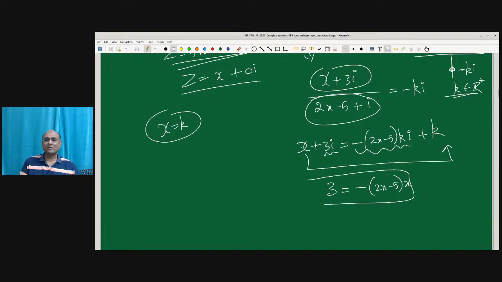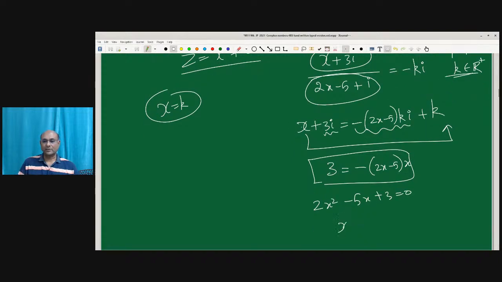This is a quadratic, we can solve it. So if I take it to that side, 2x square minus 5x plus 3 is 0. It's just a quadratic. So x is equal to minus b plus or minus root of b square minus 4 into 2 into 3, by 2a.